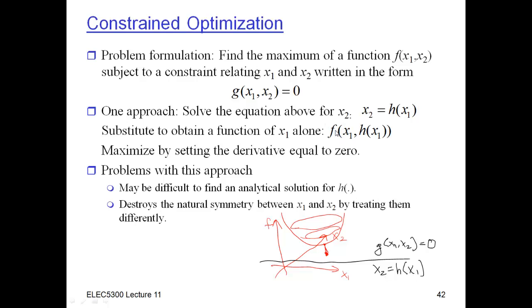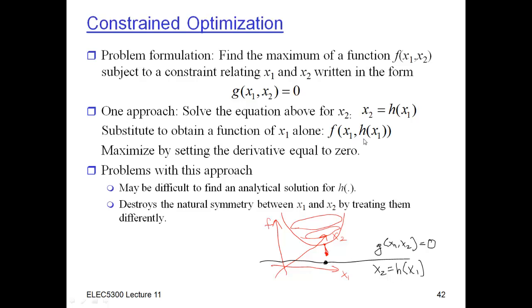Since f is a function of x1 and x2, I can substitute h of x1 for x2, and then I just have a simple one-dimensional equation that tells me how the height varies as I move along this line. I would just want to find the minimum point along that surface, maybe some point over here.